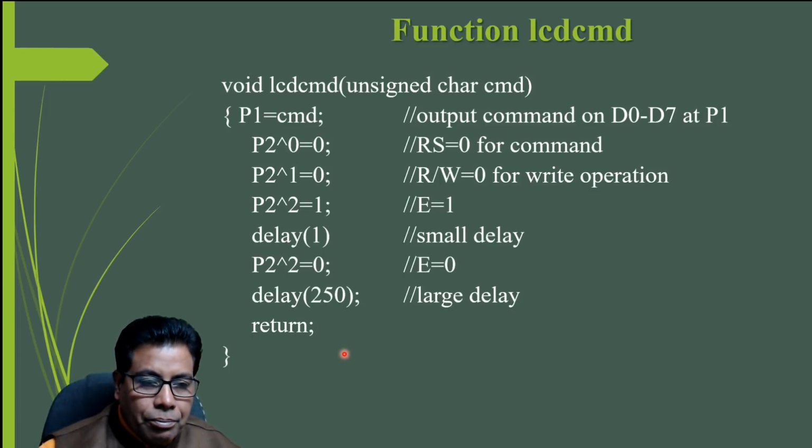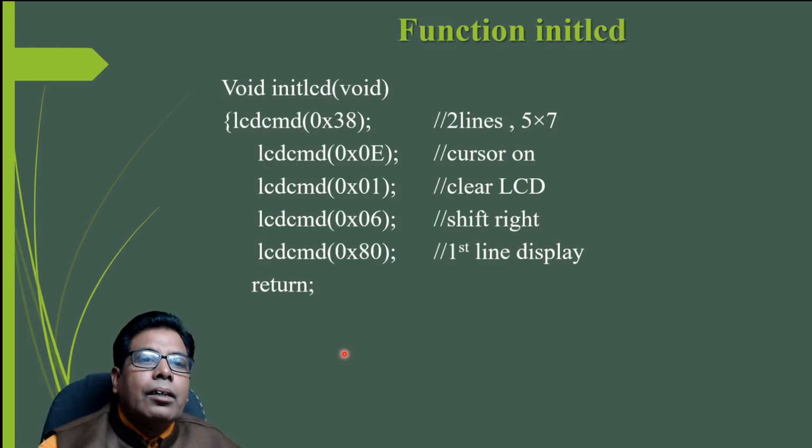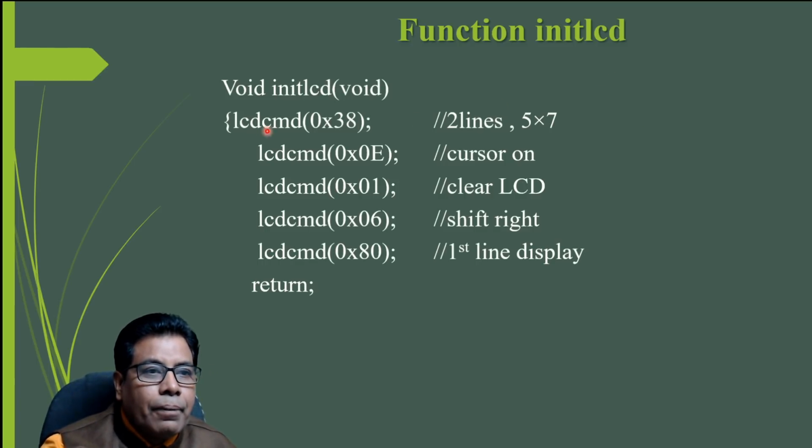Main program. Then function INIT LCD. This is similar to the INIT LCD subroutine. Again here we are not passing anything to this. So LCD CMD, this is the hexadecimal value 38. That will define 2 lines, 5x7 matrix.